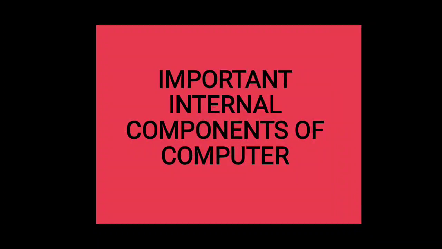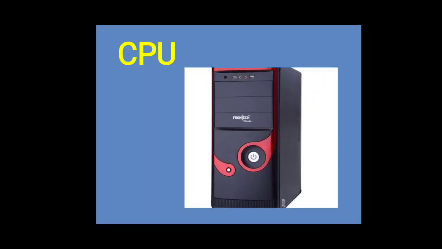The first internal hardware component we are going to see is the CPU. As you all know very well, CPU is the brain of the computer. So CPU is considered the most important part of the computer system.